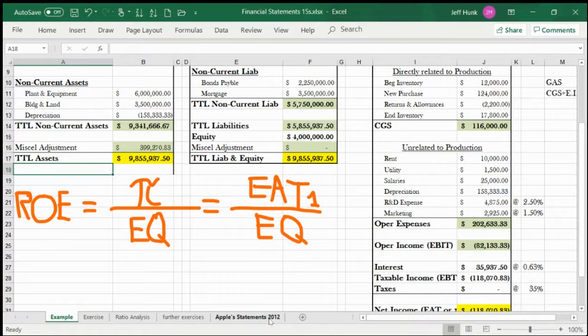Yes. And so that means our return on equity is actually return on equity at time one. Now, let's think about equity.